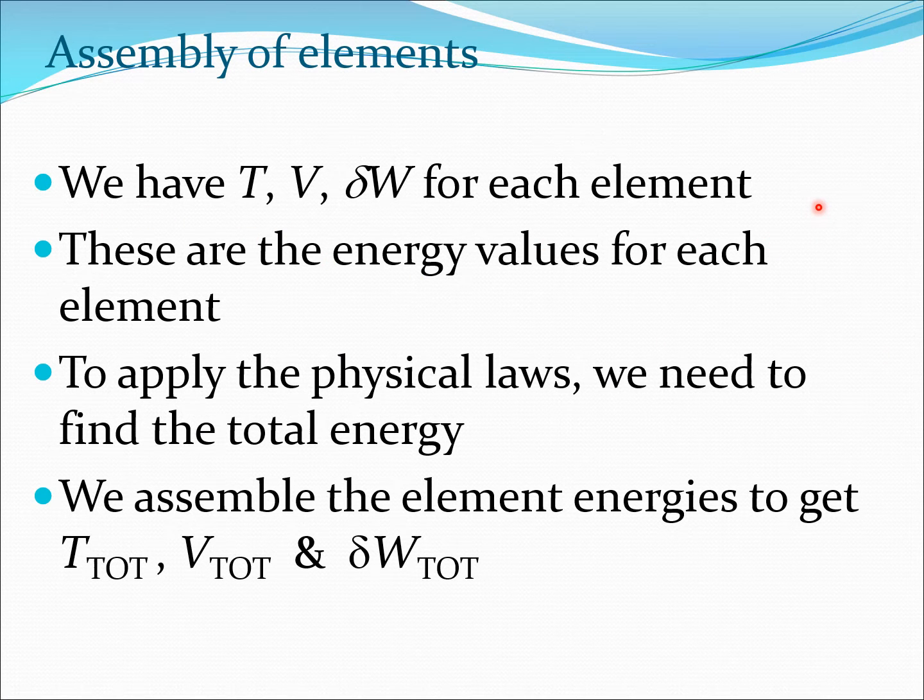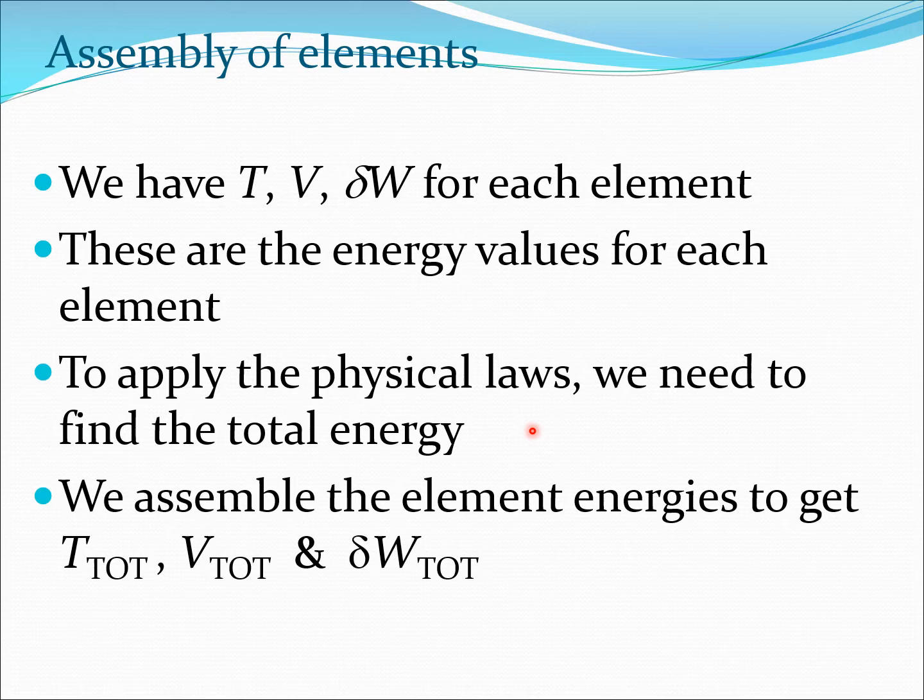Now, in the previous lecture, we have derived T, V, and delta W in a local sense, and thus we have obtained the energy values within each of these elements. Now, the problem is that when we want to apply the physical laws, we need to find the total energy of the system.